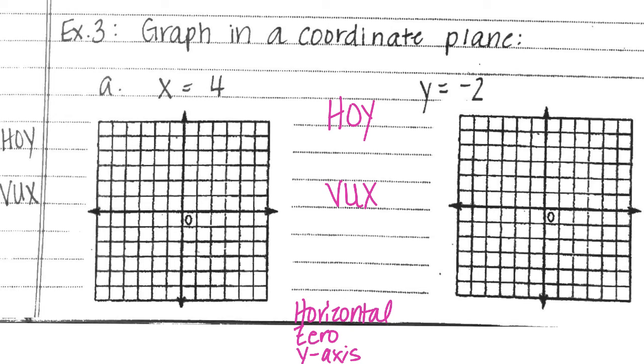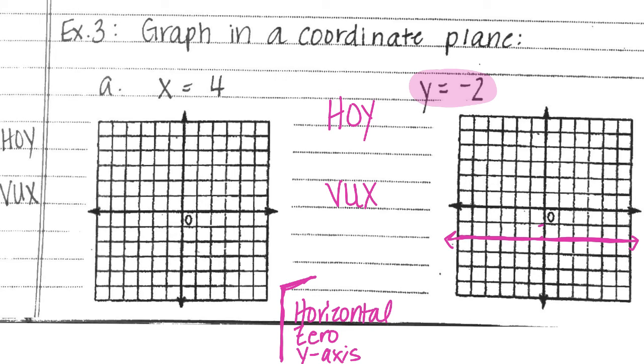So when given a y, it's going to be a horizontal line. I just wrote that at the bottom, and notice that's this one right here, y equals -2. So at y equals -2, I'm going to draw a horizontal line. Do you see that pink line that I'm drawing there? That's how you draw a horizontal line. You would not just put a dot at -2.